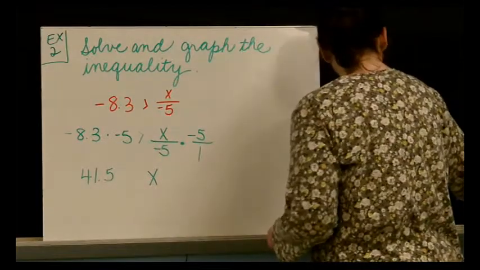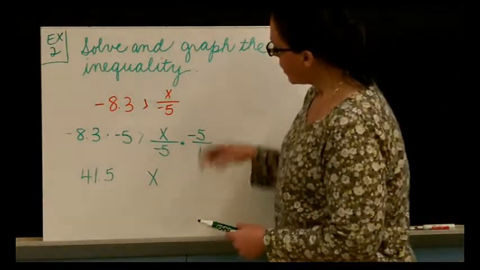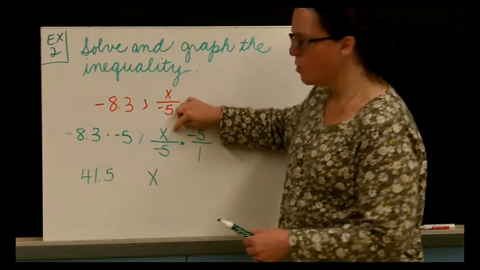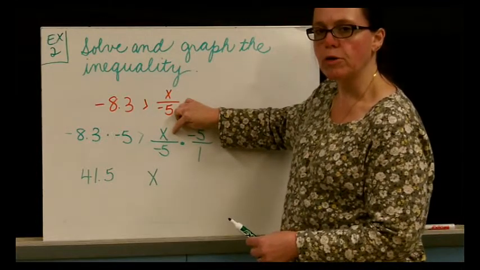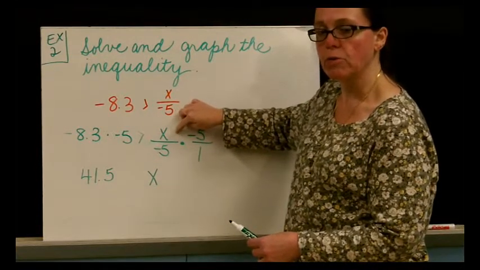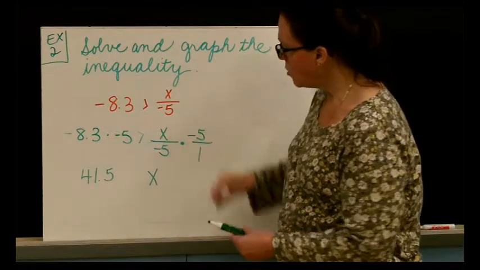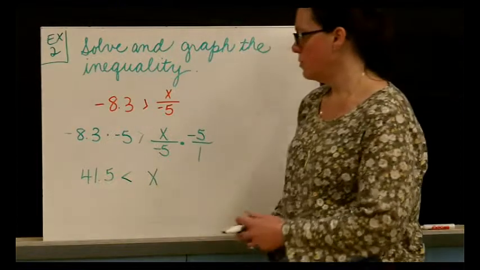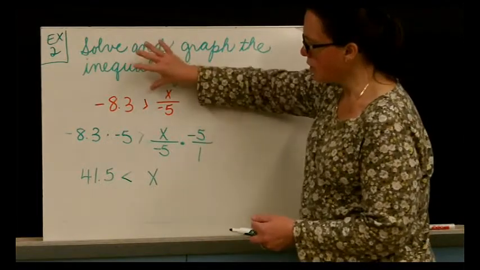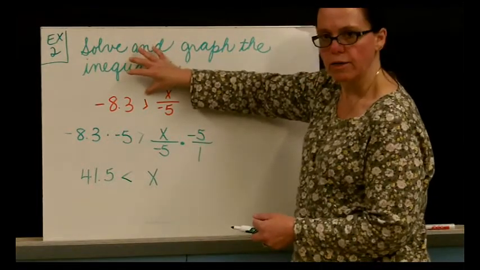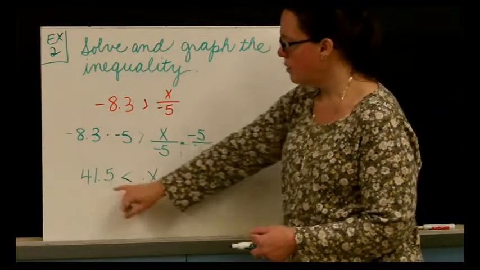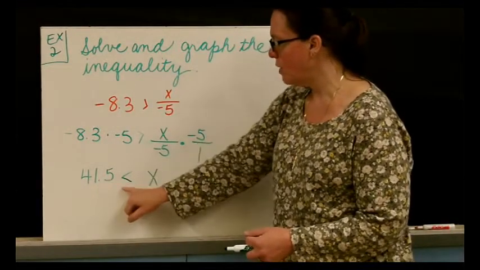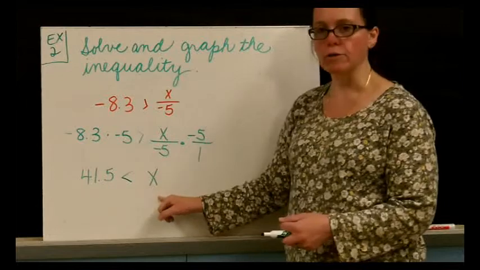But as I started to say before, when you have to either multiply or divide your variable by a negative number in order to get it by itself, you have to reverse your inequality symbol. So while we started out with greater than, we end up with 41.5 being less than x.